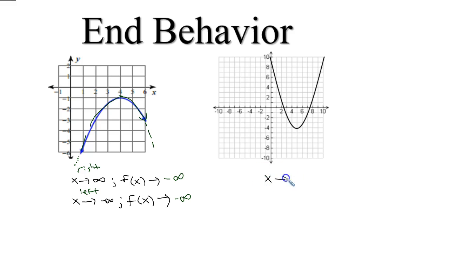We're going to put as x approaches infinity, or as we travel to the right, what's happening to the function? As I travel along this function to the right, it's going up, up, up, forever and ever, and up goes towards positive infinity. As those y values increase forever, they go towards positive infinity.